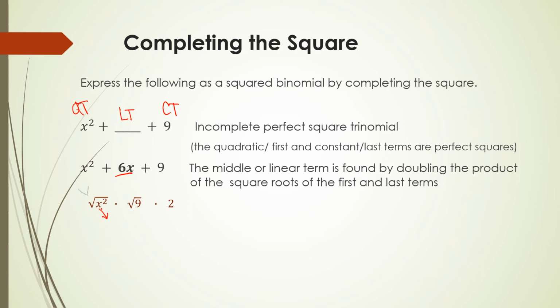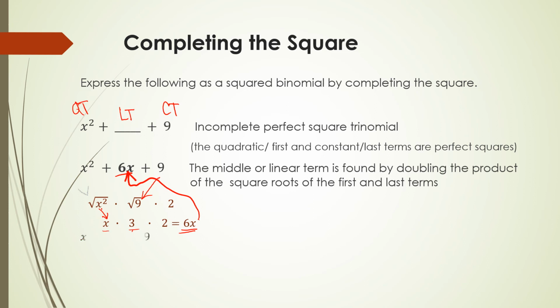At kailangan mo rin makuha yung square root ni 9. And then, doblehin mo siya or i-times 2 mo siya. So, the square root of x squared is x. The square root of 9 is 3. And then multiply it by 2. 3 times x times 2, the answer is 6x. And that 6x, siya ngayon yung our middle term.